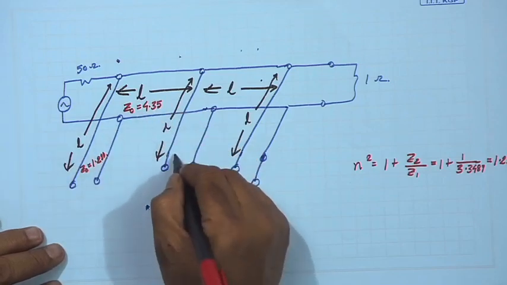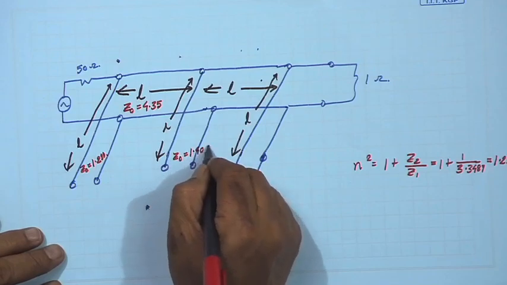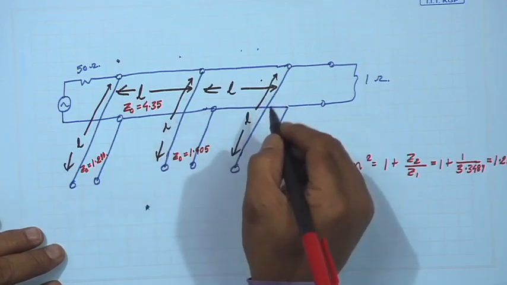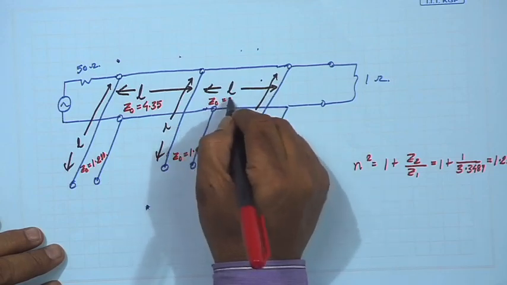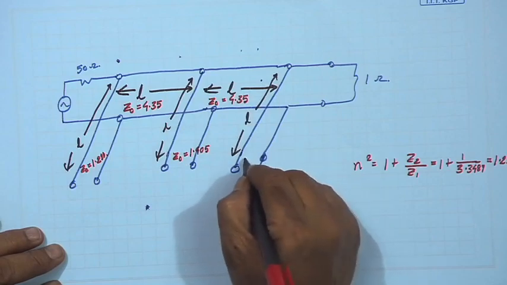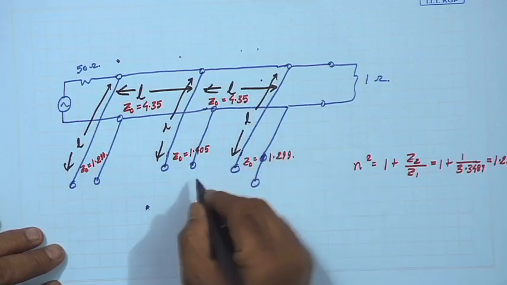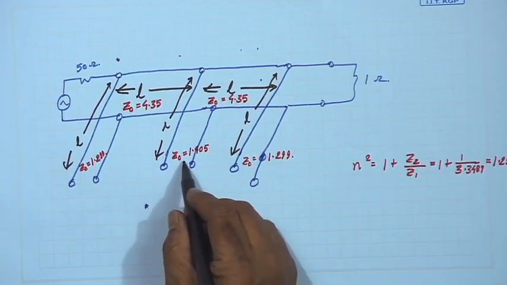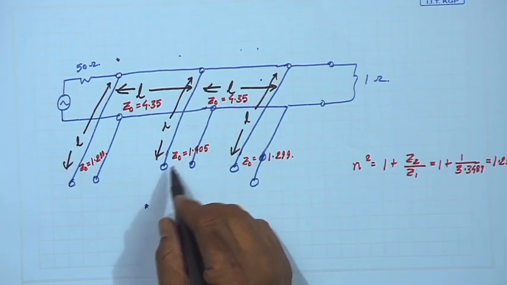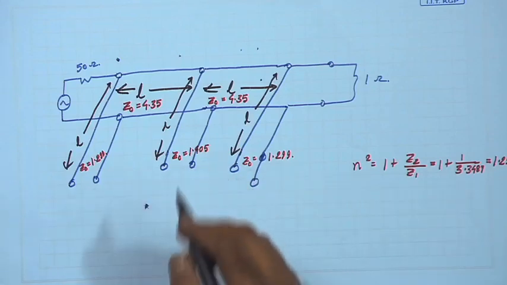Then this one has Z naught equal to 1.405, and this one Z naught equal to 4.35, and this one Z naught equal to 1.299. This is just the original capacitor. So, that is why this is different, but these two are the same.